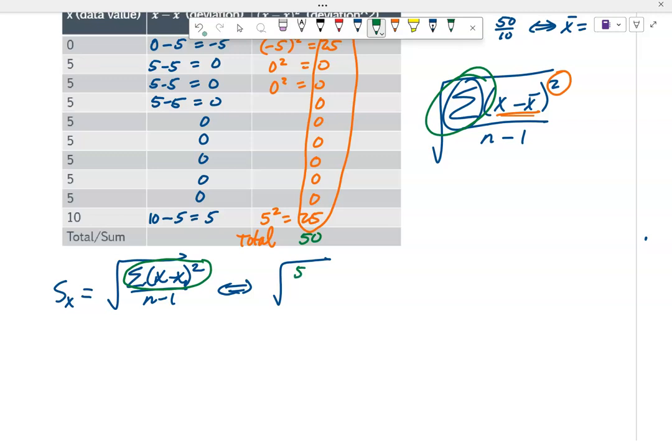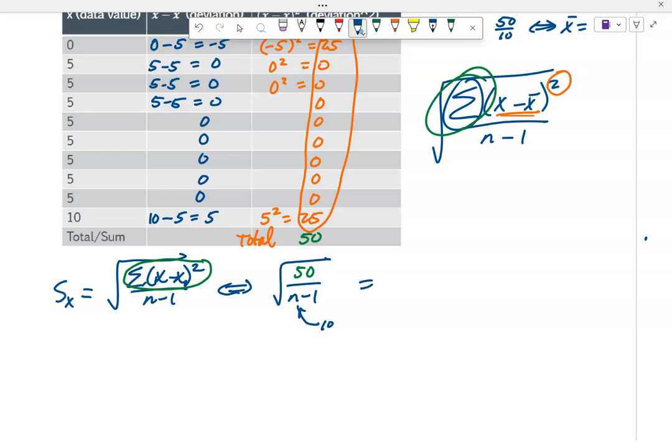Divide by n minus 1. Well, n is how many data values do we have? We had one 0, we had 8 5s, and we had a 10 at the end. So there were 10 data values, right?